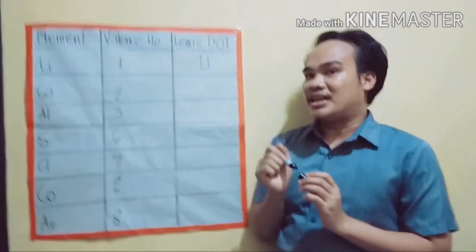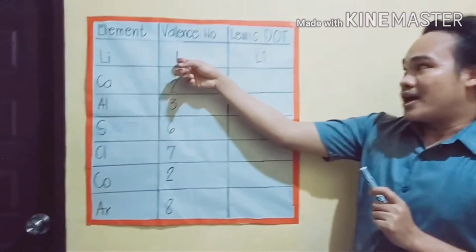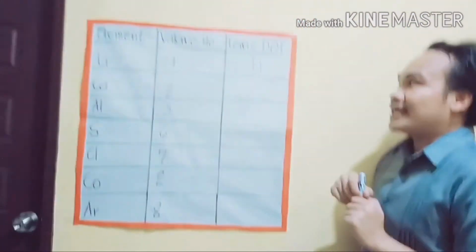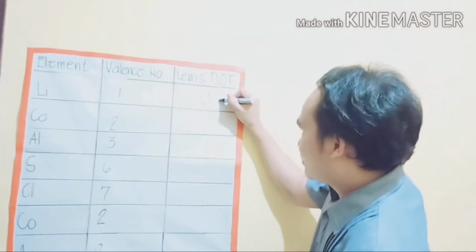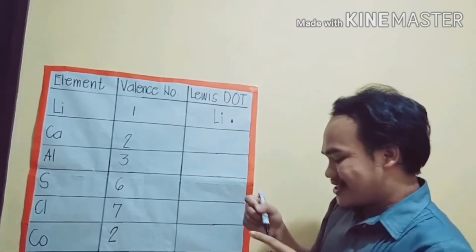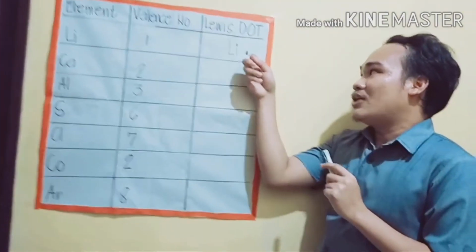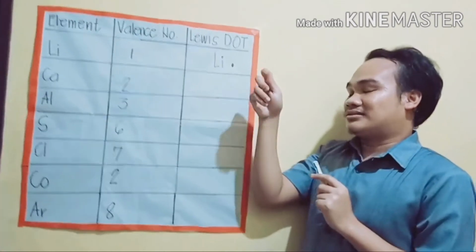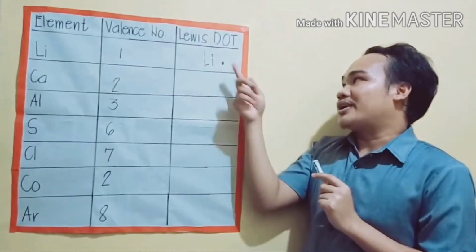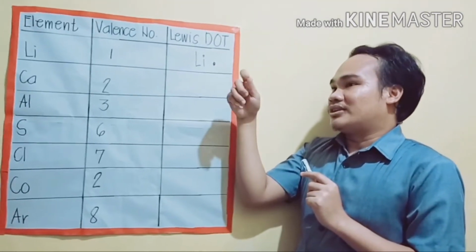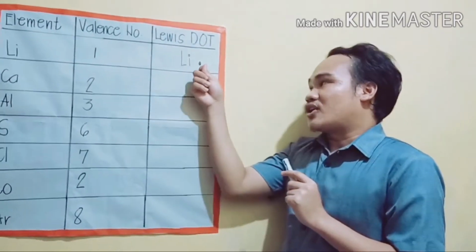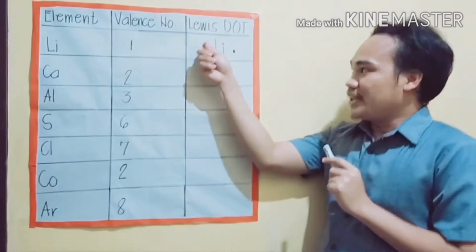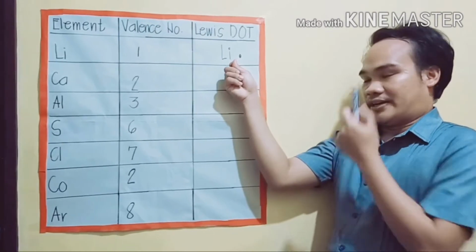How many valence electrons do we have in lithium? 1. So therefore we are going to write 1 dot here. It doesn't matter where you write the 1 dot. It depends upon you. It can be here, it can be here, it can be here.